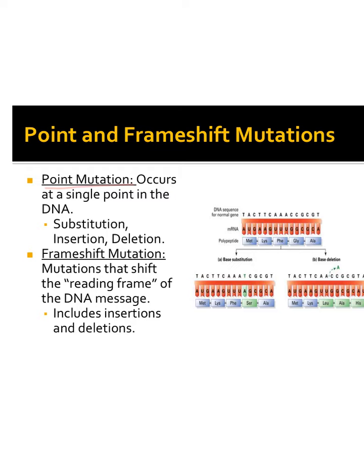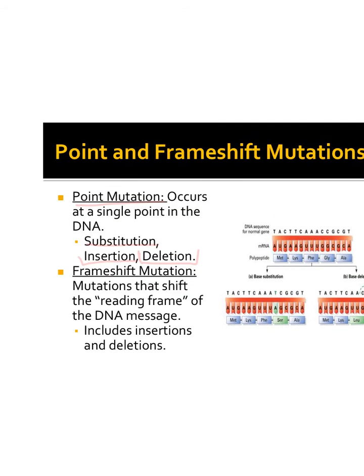We can see substitution, in which a base on the original DNA sequence is swapped for another, or we can see insertion or deletion, which is the insertion of an extra base in the DNA sequence or the deletion of a base.